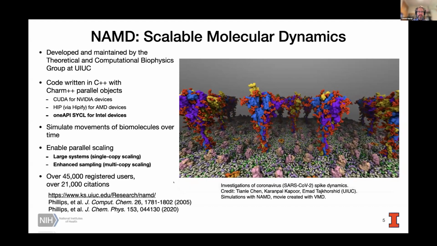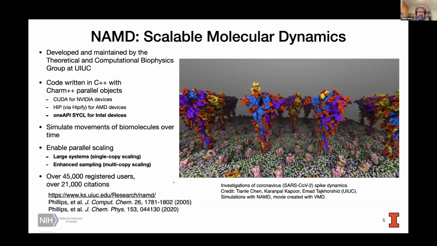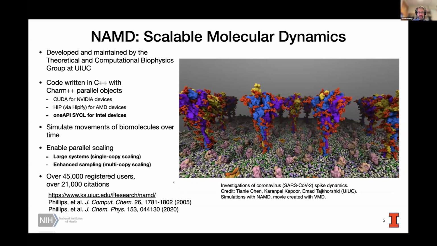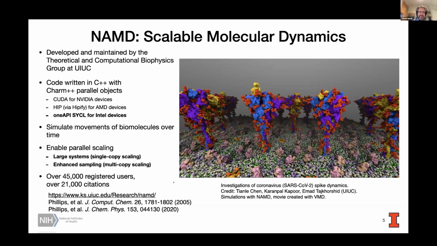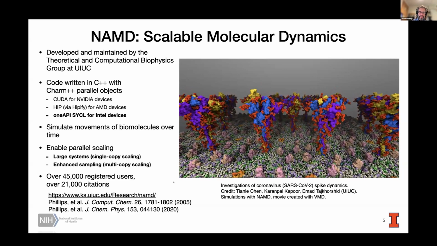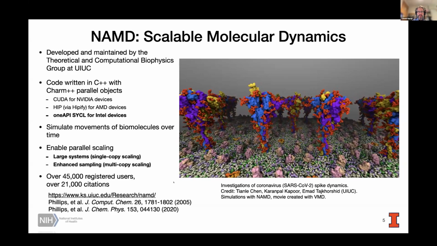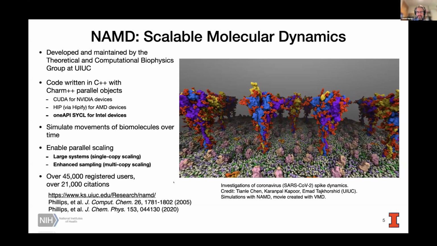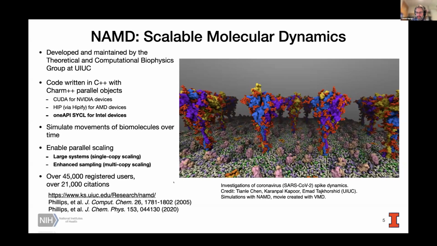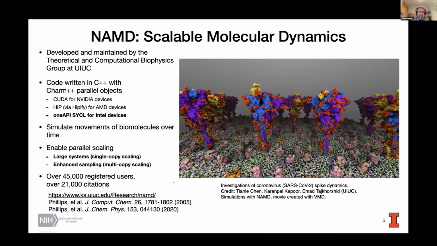But if we're looking at a smaller system, we can use an enhanced sampling technique where we have multiple copies of the system running across the computer. This is like a weak scaling case, but it is a way to enhance the sampling, since sampling through time is ultimately the bottleneck that we face in something like NAMD.